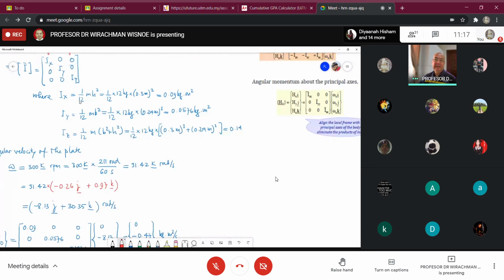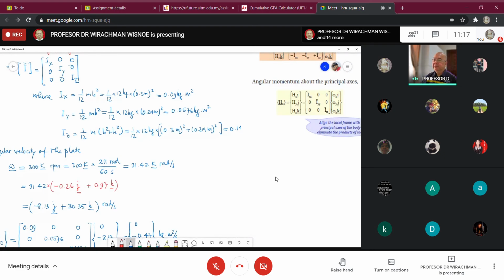1/12 m h square. This one is the same thing, right? 1/12 m b square. So here h is the perpendicular height, perpendicular to the x-axis. B is the perpendicular height to the y-axis. And then z is perpendicular to the plate, so you add b square plus h square. Okay, I forgot to write the unit here.